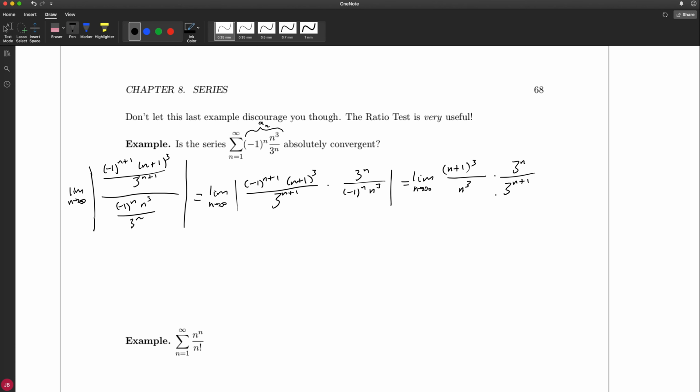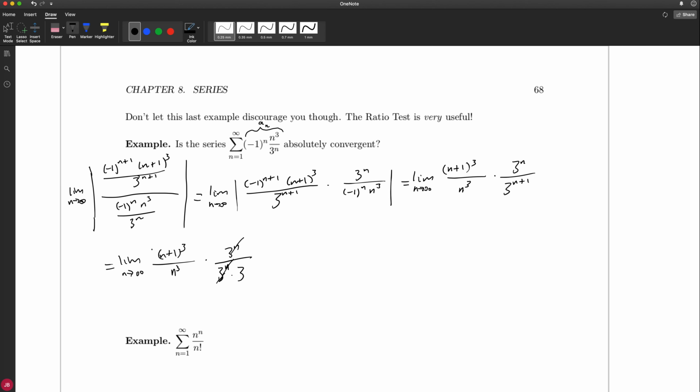And now this 3 to the n looks a lot like this 3 to the n plus 1. And now this limit, be very, very careful here. We actually need to split up this 3 to the n plus 1. So this is the limit, n goes to infinity, of n plus 1 cubed over n cubed times 3 to the n over 3 to the n times 3. You'll notice now this 3 to the n cancels on top and bottom.